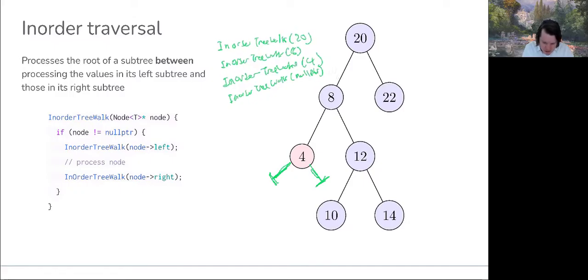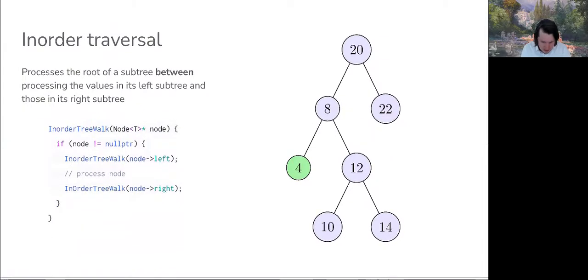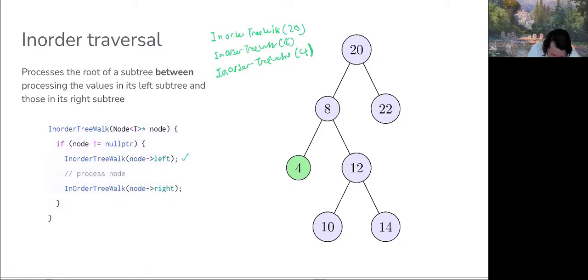So I'll copy this and put it over here. At this point, we've returned from that, and we're back where we left off in the execution of the in-order traversal for node 4. So we've already stepped left, and at this point, we're processing the node. I'm showing it in green.